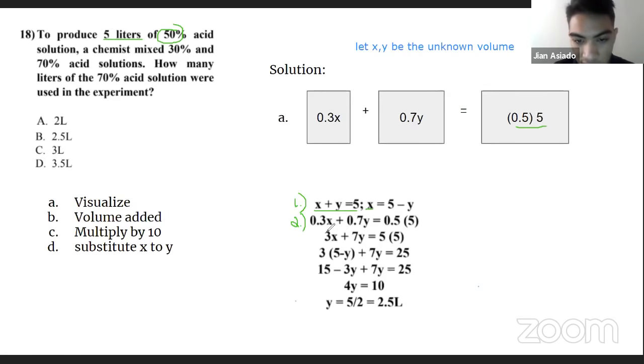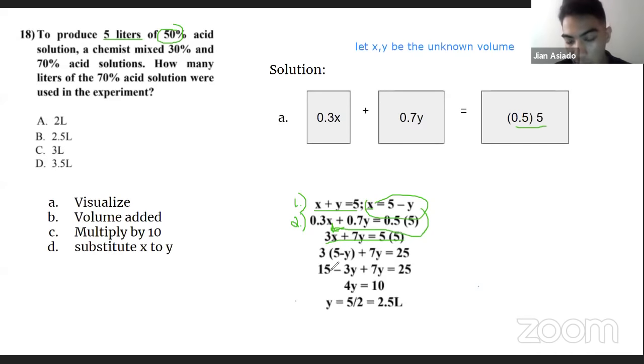So since dalawa siya, since systems of linear equation uli ito, dalawang variable ang unknown, therefore you need to have two linear equation, no? So ayan, manipulate para makakuha ka ng equation na to, and then substitute mo si x, 5 minus y dito. Okay. Ayan.